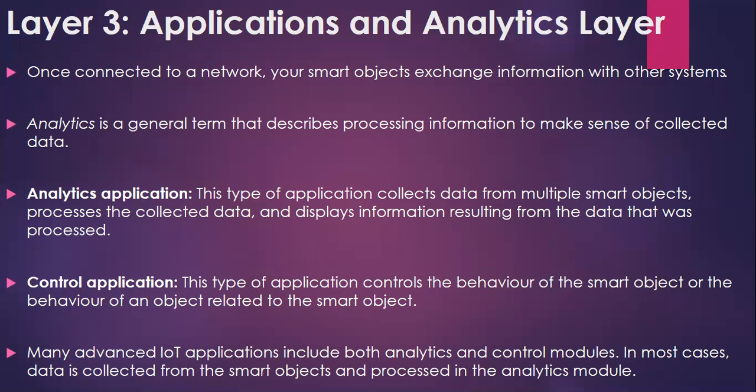The second type is the control application. Whatever information we are receiving will be analyzed and we take some decision, and that decision will be conveyed to the smart object, because of which the behavior of the smart object, or the object related to that sensor, will be changed.